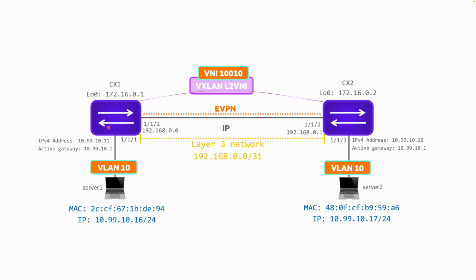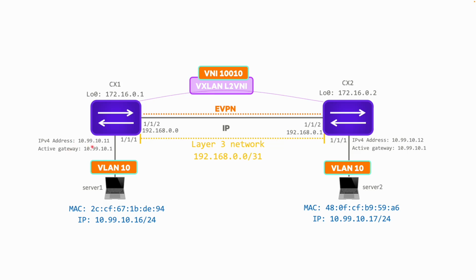And then for the customer side, so the useful stuff, we are going to configure VLAN 10. I've got a couple of servers, server 1 here, server 2 over here, and they are in the same subnet, both on VLAN 10, of course. And we are going to configure the Anycast active gateway, so the distributed active gateway functionality that we have available on AOS-CX, so that the devices both have the same default gateway of 10.99.10.1, which is here, and it's over here.